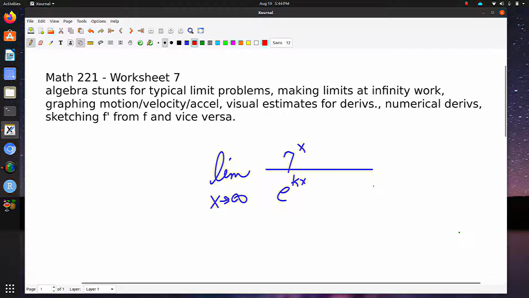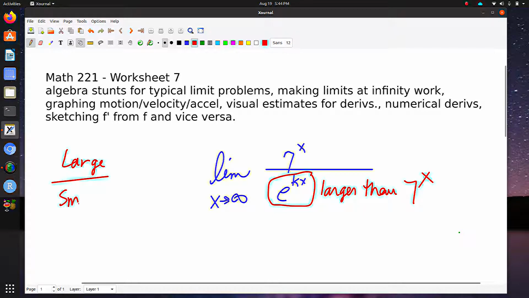And the question says something like, what values of k will make this not blow up in your face? As long as this denominator is essentially larger, it has to be larger than 7 to the x. Because if you want a limit going off to infinity, if something is large and over something that's small, then it will still be large.